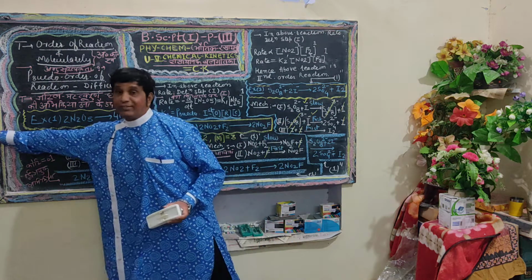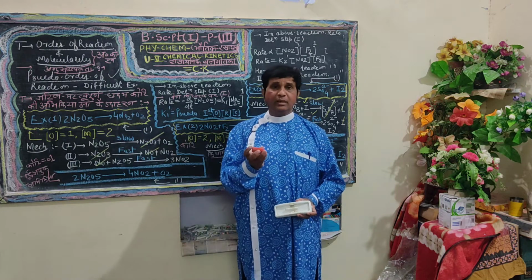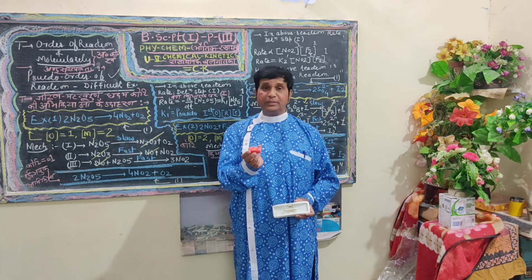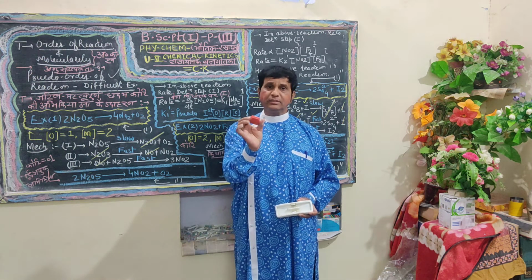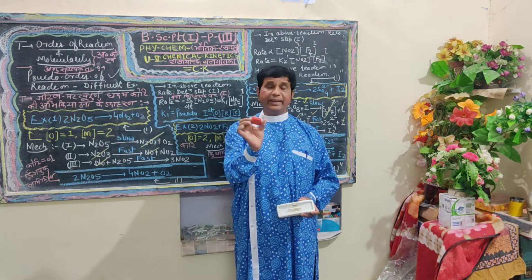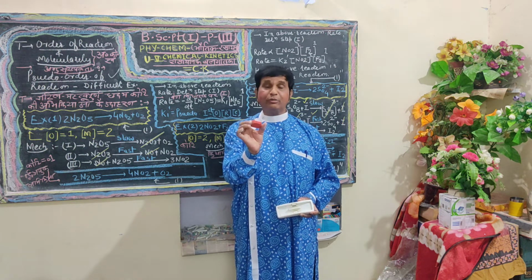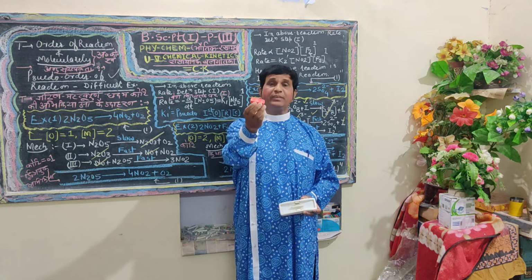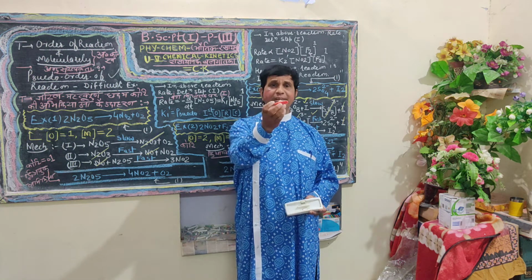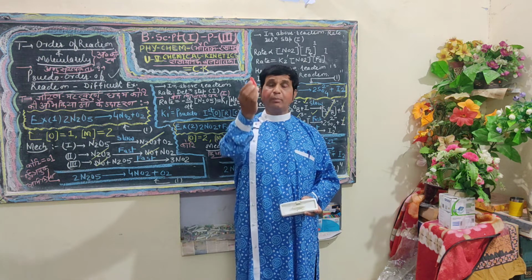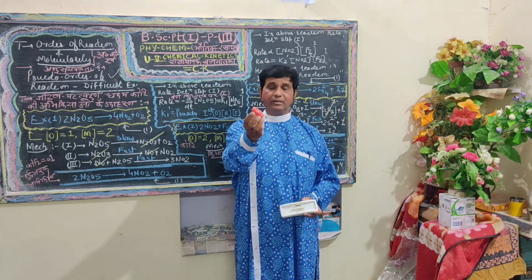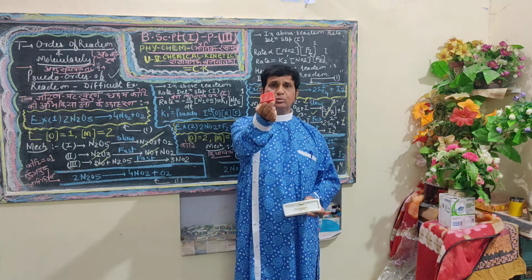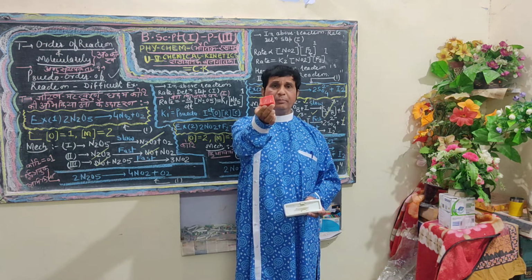My first question to all of the students: the thing which is held in my hand, what is this? After the rotation, forward direction, backward direction, upward direction, downward direction, you have to guess, you have to respond.